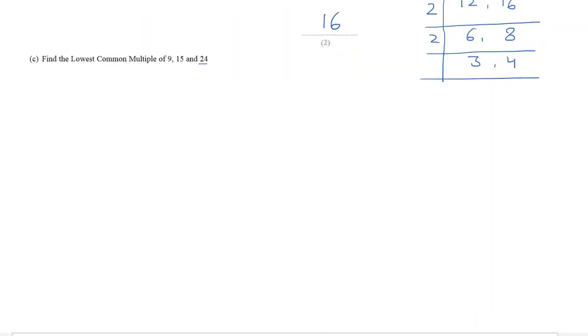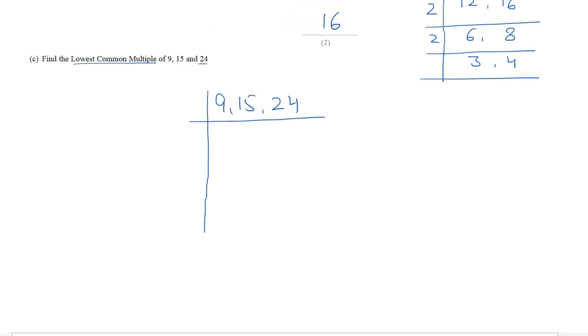Now for the LCM, we have the numbers 9, 15 and 24. Now lowest common multiple, so we are not checking the factors, we are checking the multiples. So a multiple is always bigger than these numbers, although it is the lowest, it is a big number.